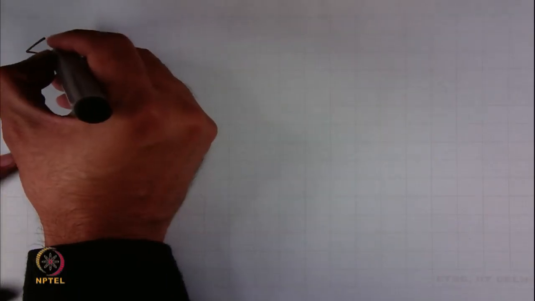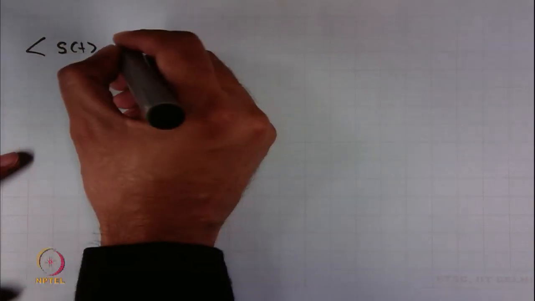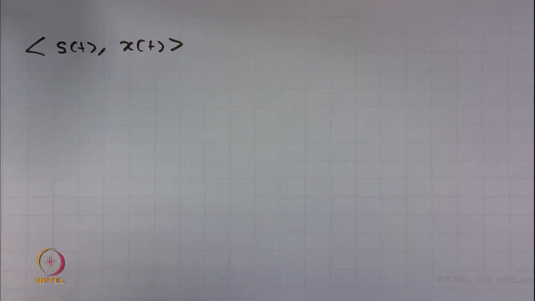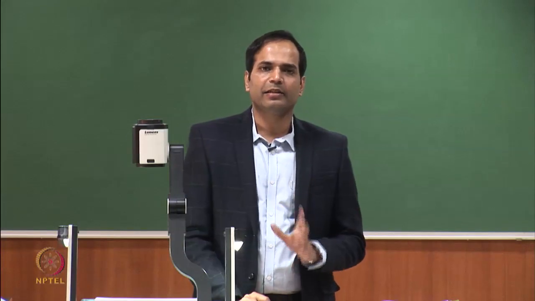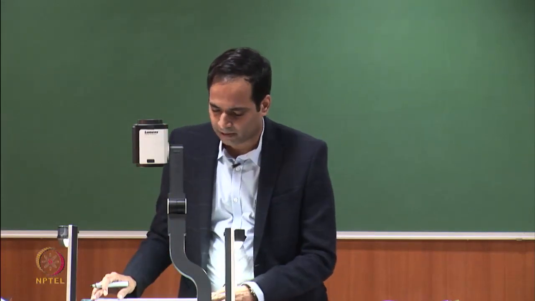Okay. Now, let us see what is the inner product of ST with XT. So, what is ST and XT? They are not passband signals, but they are the complex baseband representation of the passband signals. Remember, this is the notation that we are following. SPT is a passband signal, ST is a complex baseband representation of the passband signal. So, now we are interested in taking the inner product of ST with XT, and let us see what it is.